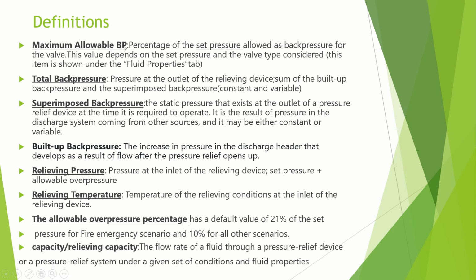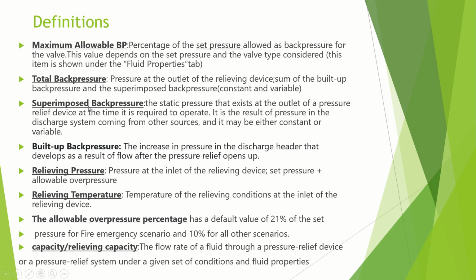It is shown under the fluid properties tab. The other definition is the total back pressure, which is the pressure at the outlet of the relieving device. This total back pressure is the sum of the buildup back pressure and the superimposed back pressure, which can be constant or variable.